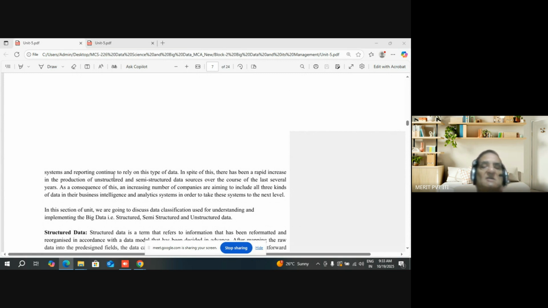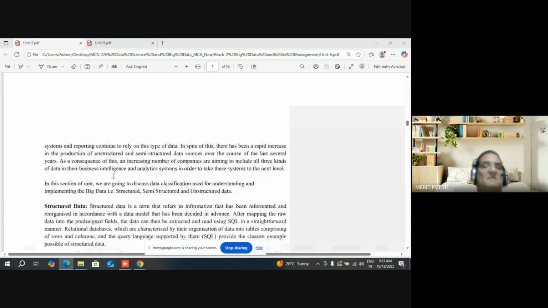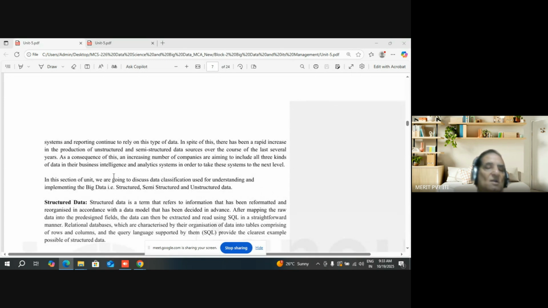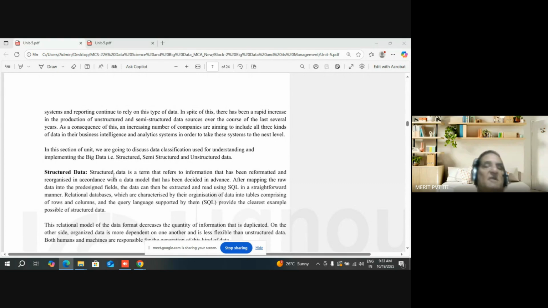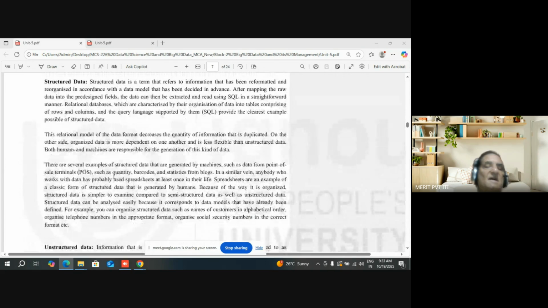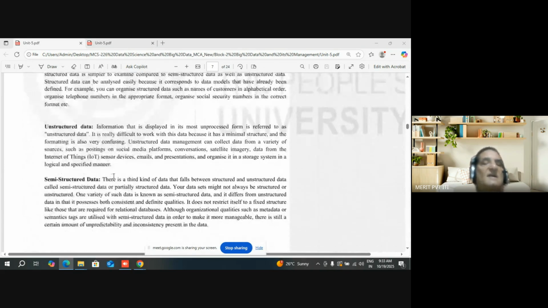In spite of this, there has been a rapid increase in production of unstructured and semi-structured data. So we are going to discuss data classification. This is structured data, and which one is unstructured data? Information that is displayed in its most unprocessed form is referred to as unstructured data. It's really difficult to work with this data because it has minimal structure, and the formatting is also very confusing.